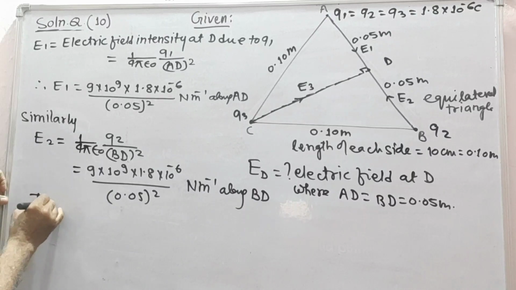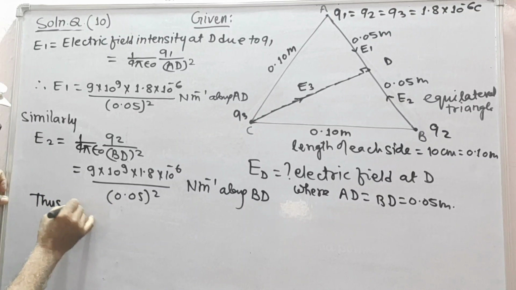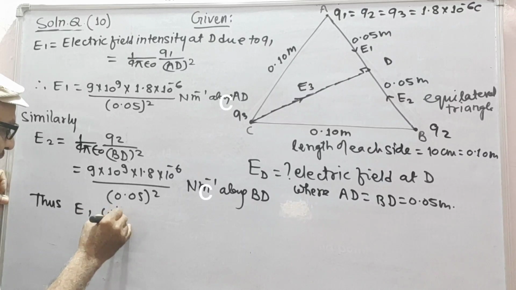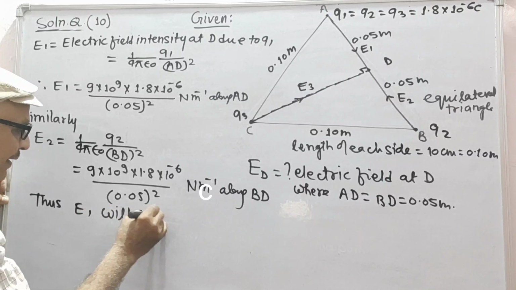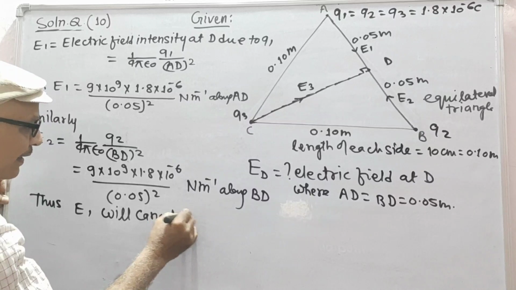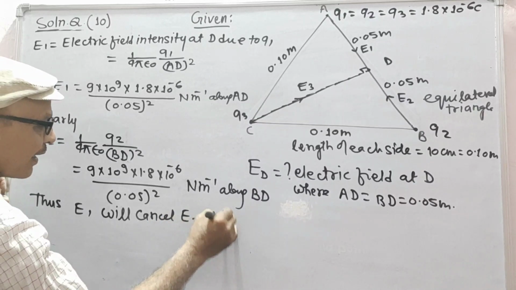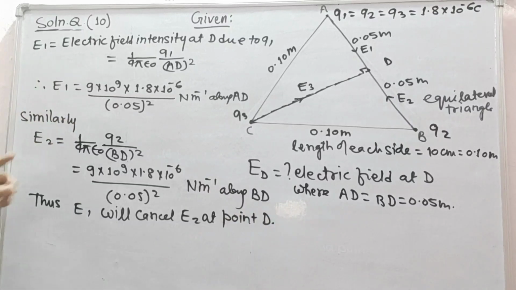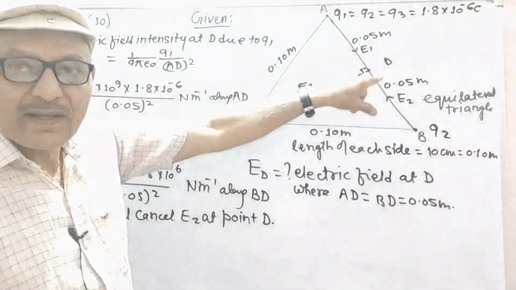Thus, E1 will cancel E2 at point D. So, only E3 remains.